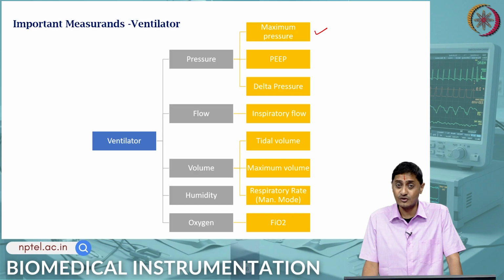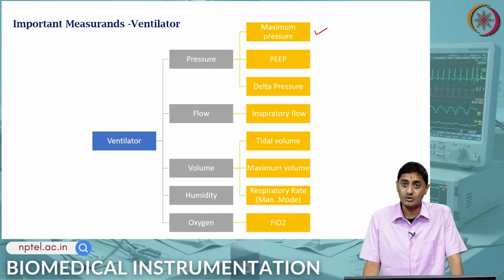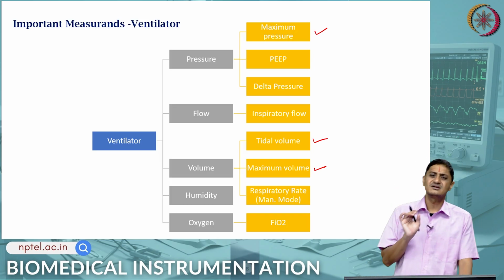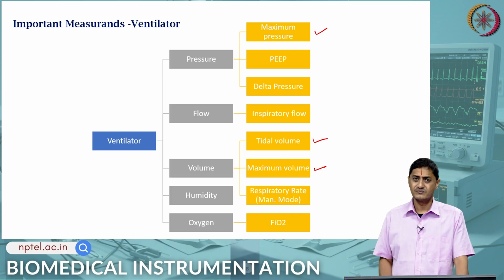Note that expiratory flow is not controlled, expiratory flow is a passive process. Then you can control volume, tidal volume, maximum volume, and then rate of respiration in the manual mode. Then you also need to humidify the air a little bit.